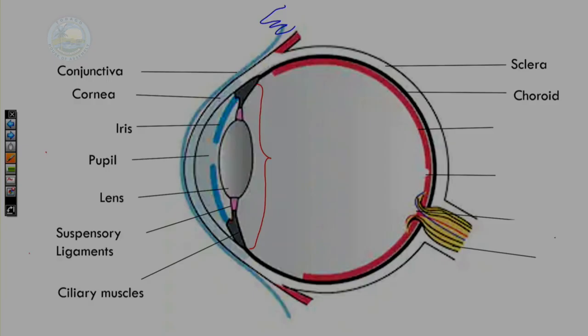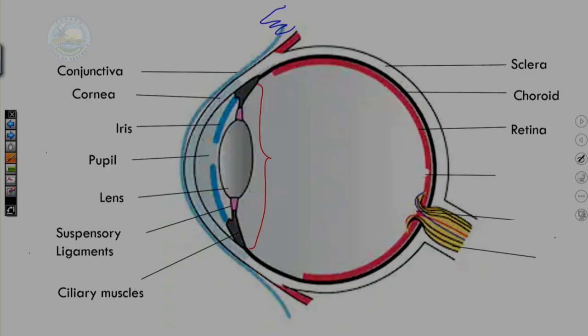If you notice, you have a red section here, a black section, and then the white section for the sclera. So the choroid is this blackened region right here. That is the center layer, and it is filled with blood vessels, and that blackened area prevents reflection inside of the eye. You would not want light bouncing all over inside of the eye. So the choroid prevents reflection inside of the eye.